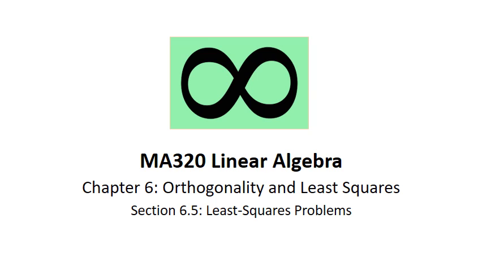Sometimes inconsistent systems come up in different applications. And in these cases, if a solution is still required or demanded and there isn't one, the best we can do is find an x that makes Ax as close as possible to b.